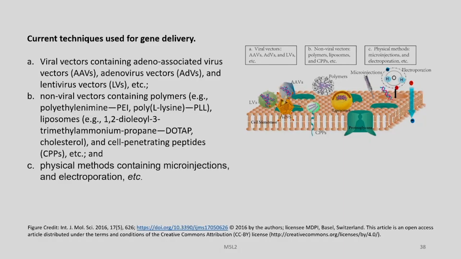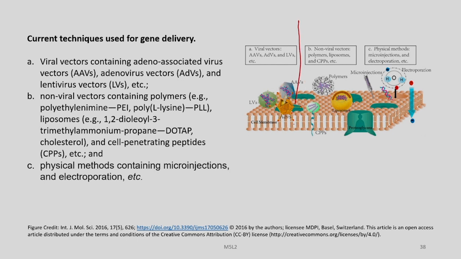So, there are very different kinds of delivery methods used for gene delivery. We have viral vectors like AAV, ADVs and LVs, or lentiviral vectors, adenovirus vectors or adeno associated vectors. You can see here the different viral vectors being used in this case.